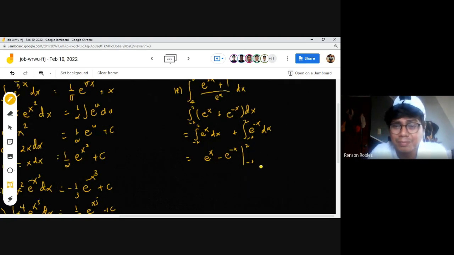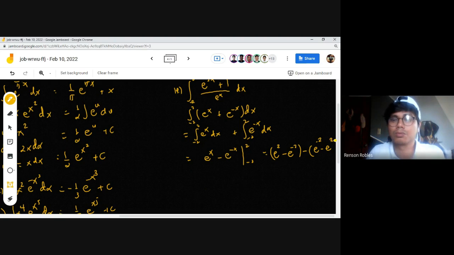So you'll have e square minus e to the negative 2, right? Then minus e raised to negative 2 minus e to the positive 2. And then what do we have?